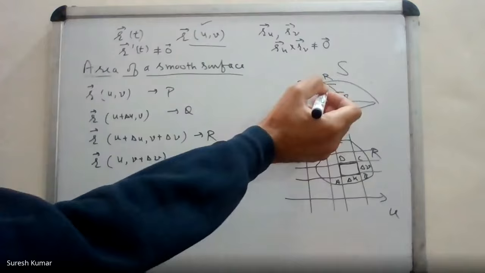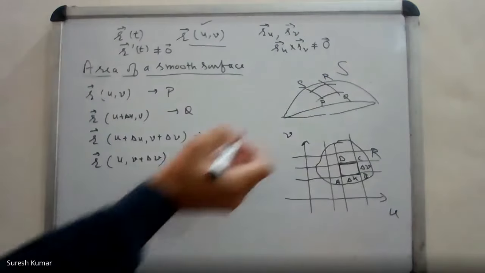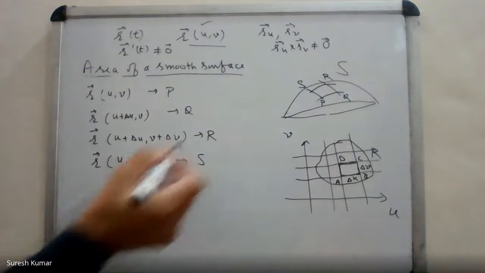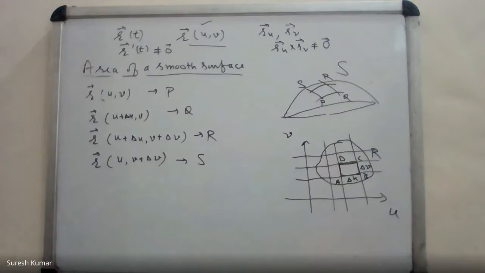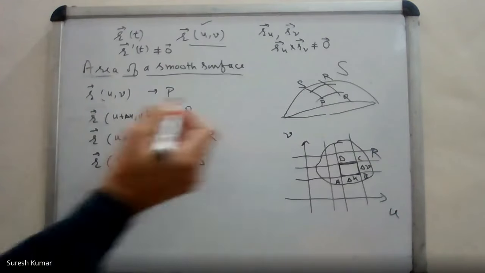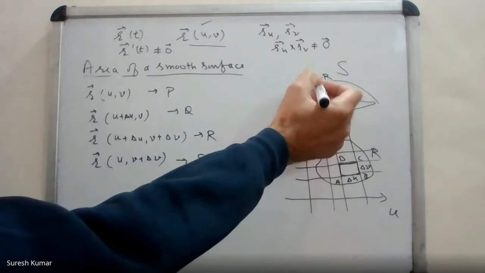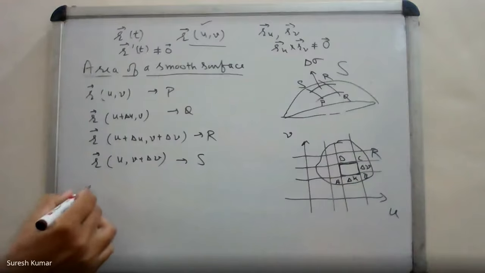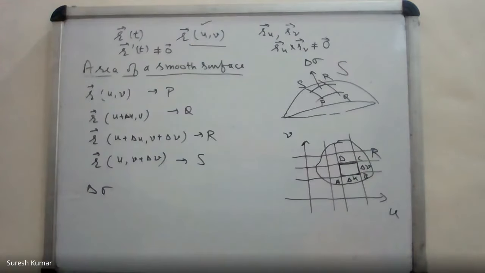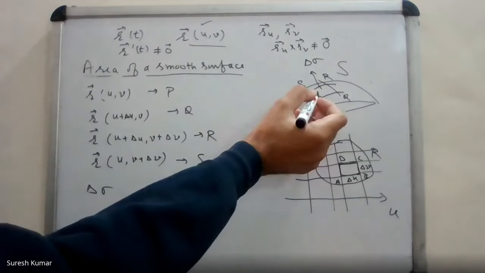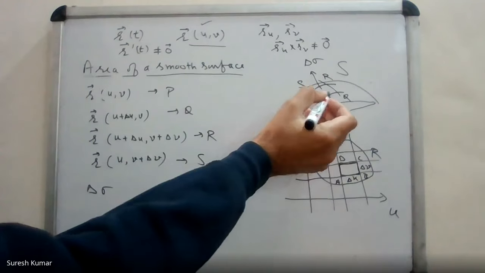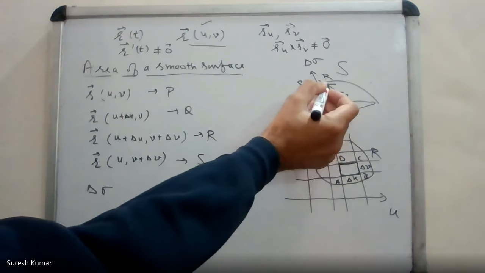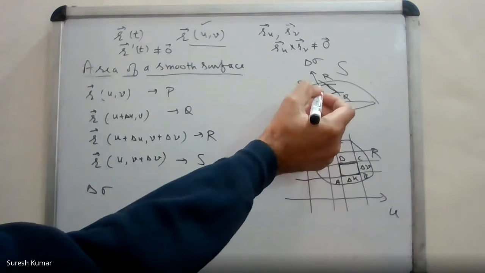Now, my purpose is to approximate the area of this patch, because if I understand the area of this patch, then I can sum up all those areas to get the area of the surface. So, suppose symbolically the area of this patch is delta sigma. My purpose is to approximate delta sigma. How can I do that? Let us join these directly by line segments.